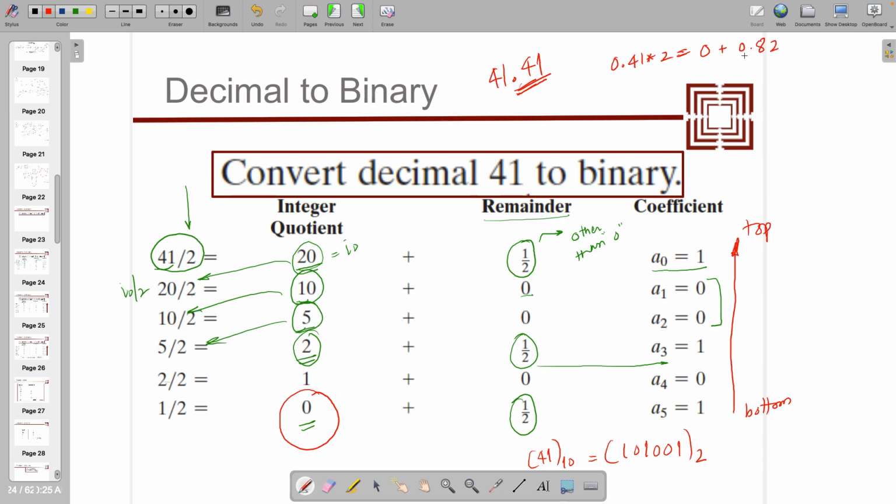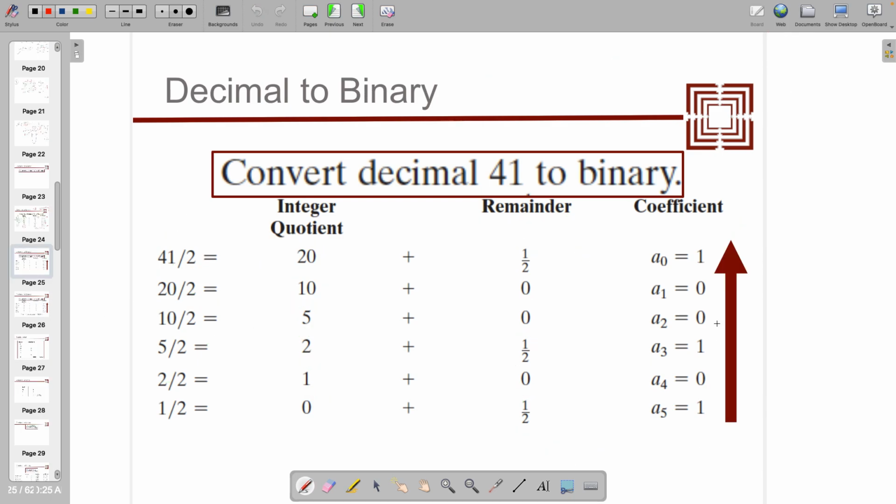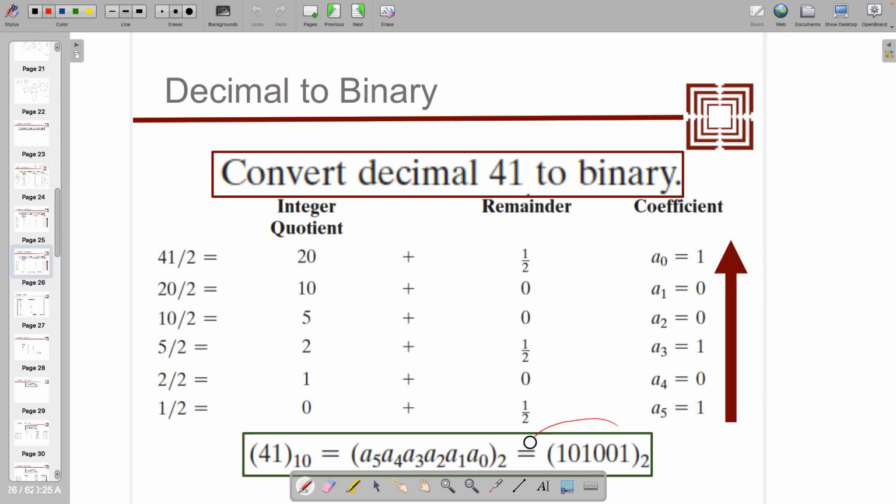And you have to continue with this. 0.2 has to be multiplied by 2, and you continue with that, and you write down from bottom to top. We'll do some exercise on that also. So in totality you are getting this number with 1, 2, 3, 4, 5, 6 bits representing your number 41 in decimal, and you require 6 bits in binary. That is the meaning of that.